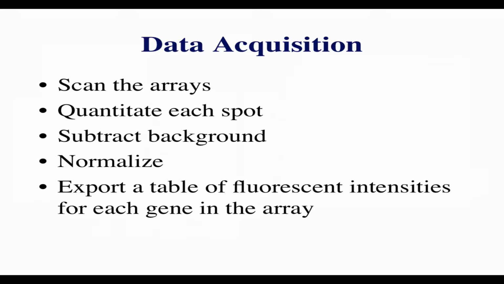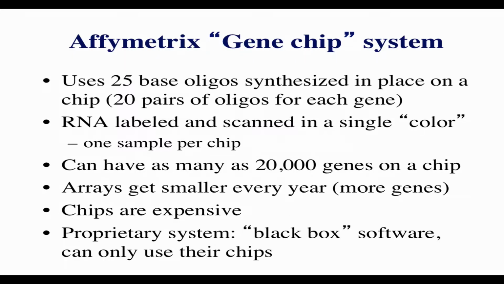Normalization accounts for most of those, because you can compare the brightness of one dot with the average brightness of all the dots that were collected on that filter in that pass of the scanner. Then there are other normalization methods that come into play when you're working with a batch of similar data. I'm going to cover that in a couple of minutes. But in any case, you're exporting a table of fluorescent intensities for each gene in the array.